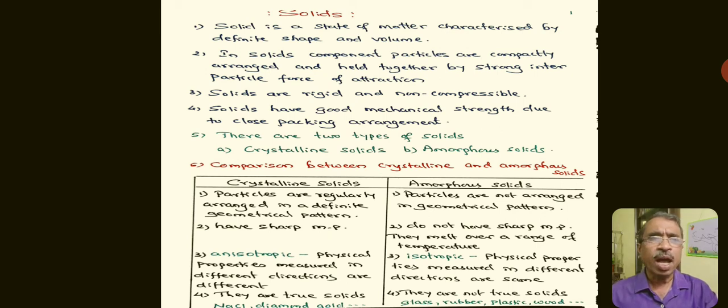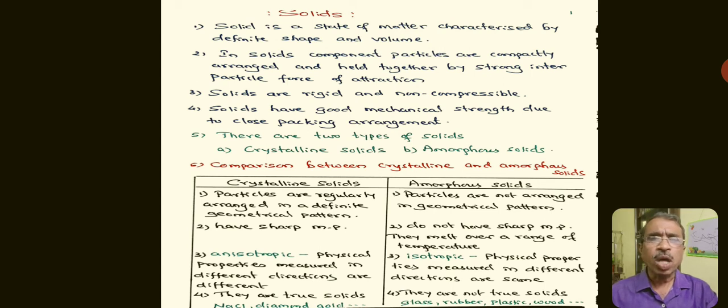Crystalline solids have a sharp melting point, whereas amorphous solids do not have a sharp melting point. However, they melt over a range of temperature.